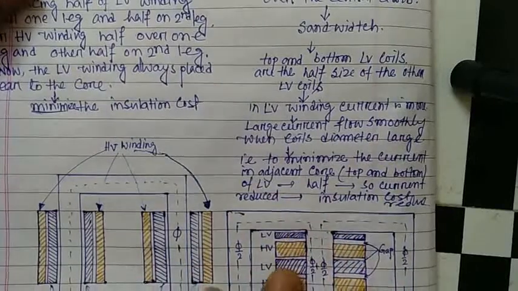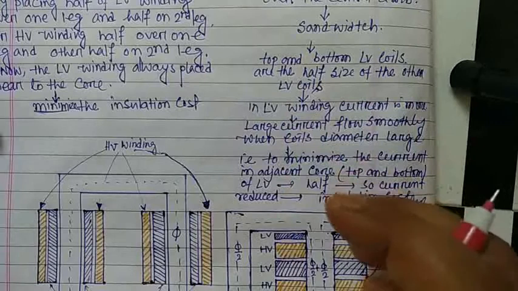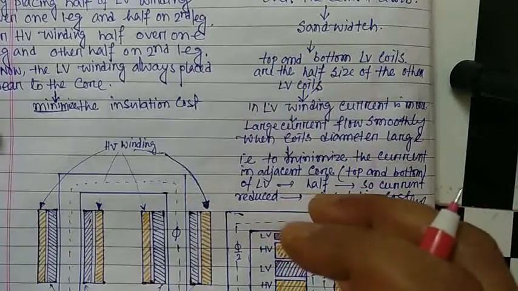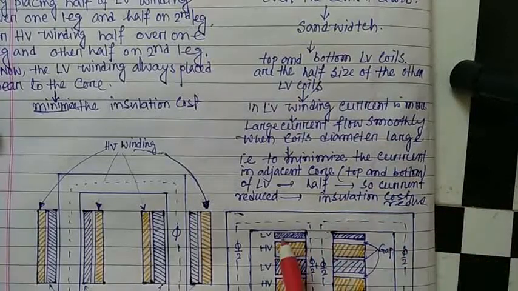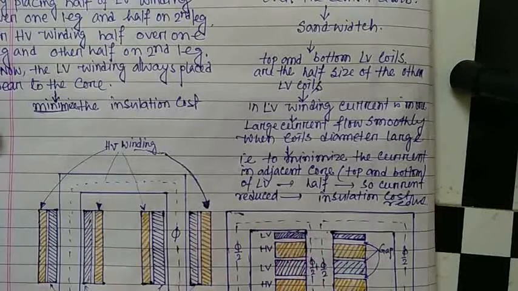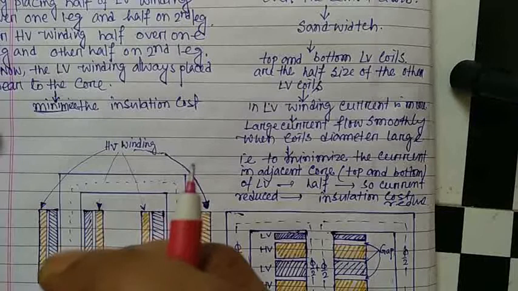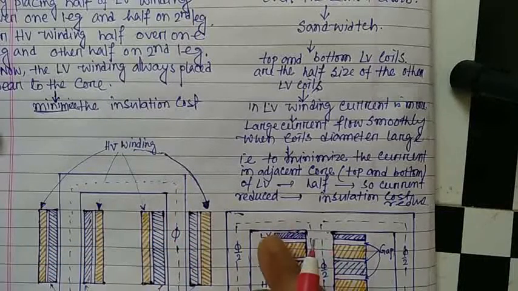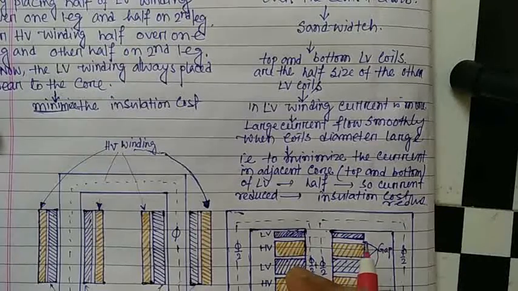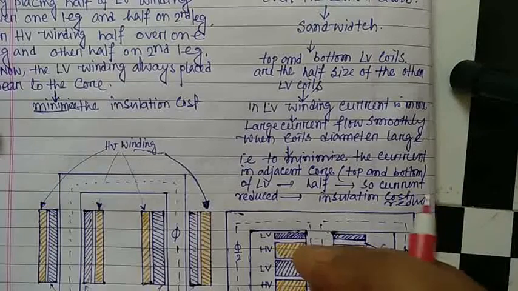So very simple. In the LV winding, a greater amount of current flows. To minimize the current in the adjacent segment, that is near to the core, we have to reduce the coil size to half of the other LV coils, so that the insulation cost also reduces.